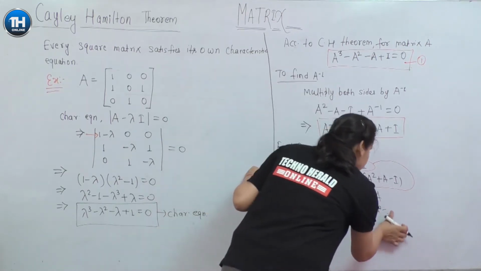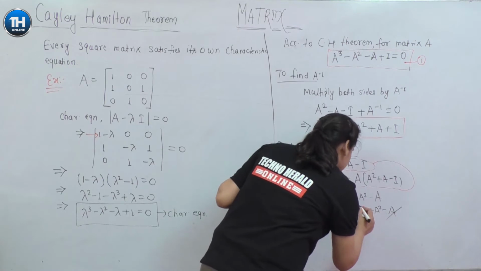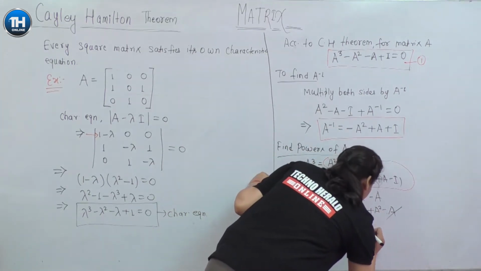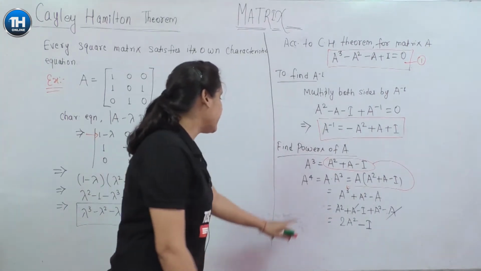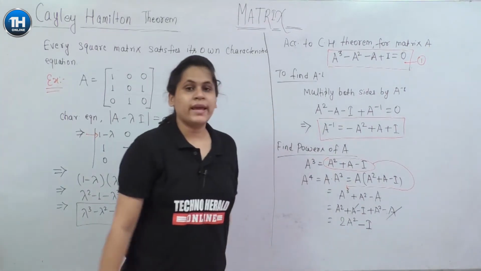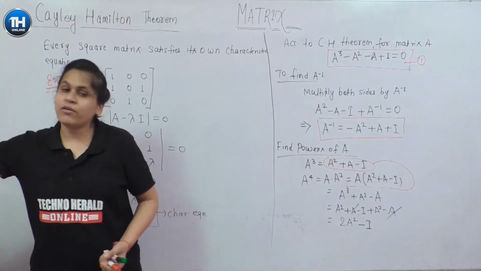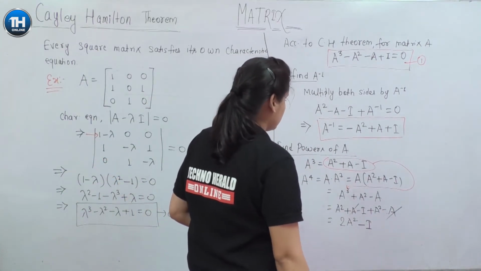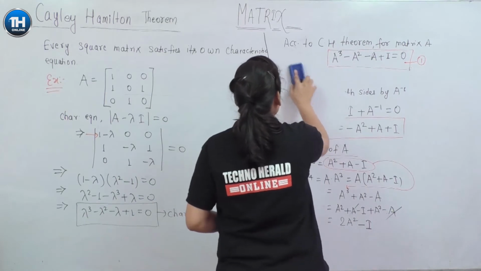So minus A here, so this A is getting cancelled. So 2A square minus I. So we got A to the power 4 is equal to 2A square minus I. Now let us say we want to calculate A to the power 8. So let us remove here.